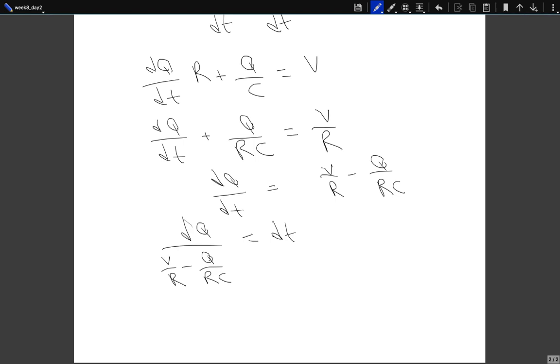So let's say that I'm summing all these dt's from t equal to 0 to some final t, and then I'm just summing all these quantities during the same time. So that is nothing but an integral from t equal to 0 up to, let's say, a capital T. If I sum the small dt's between these two limits and sum these things between those same intervals, q at t equal to 0 and q at t equal to T, they should still be equal.